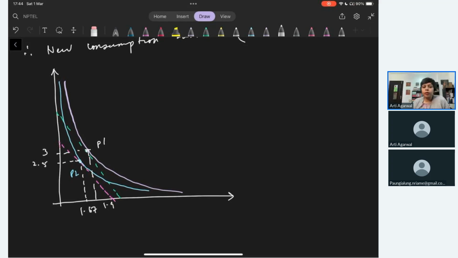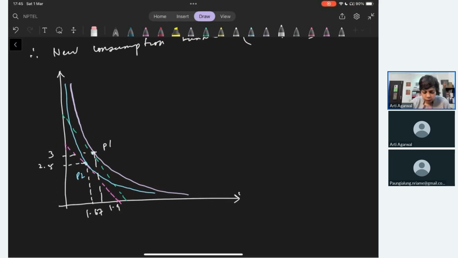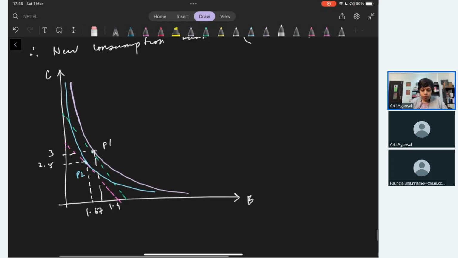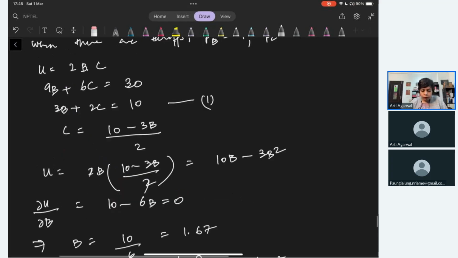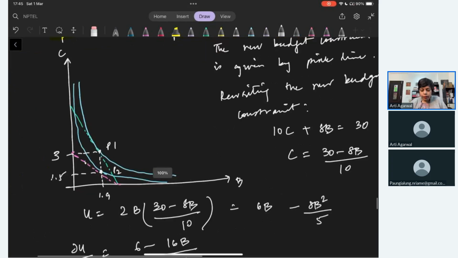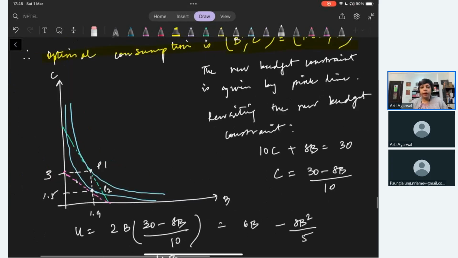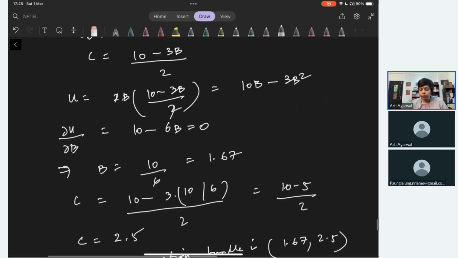And that is because prices of both have changed. Because prices of both have changed, the x and y intercept both have changed. If you compare it with the initial curve, you can see that in this only the y-intercept has changed, but in the new one, both x and y have changed.